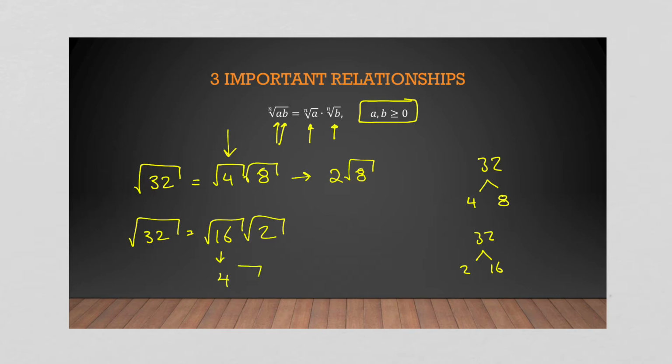It's because we're not actually done with this one. Root 8 can be written as root 4 times root 2, and now you have 2 times root 2, times root 2, which gets us back to 4 root 2. So by identifying a perfect square factor underneath a root, we can break it into two different root statements.